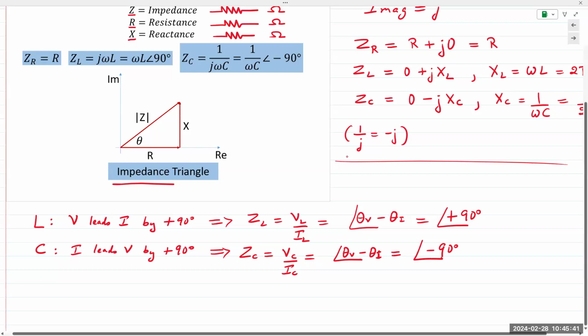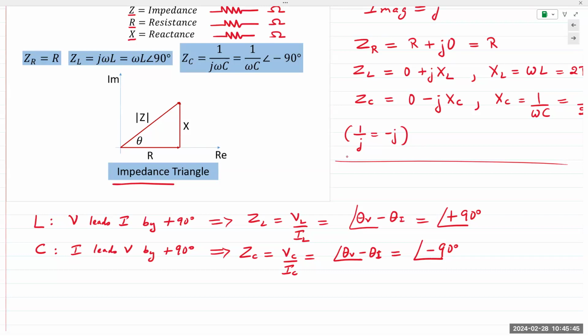It could be 135, minus 135... The difference would always be 90 degrees. Okay, so the value could be anything, but the difference between the two will always be 90. Voltage for an inductor is plus 90 with regards to current for that inductor, and voltage for a capacitor is always minus 90 with respect to that capacitor current. Okay.